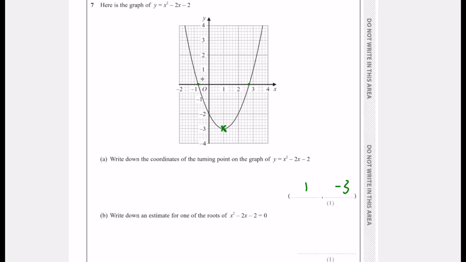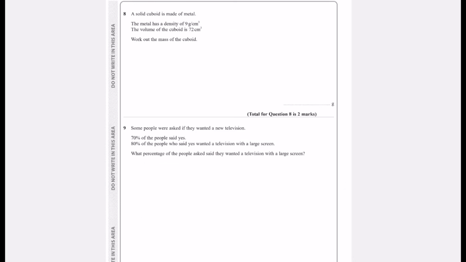And we only need to write down one of them. So they are at minus 0.7 and 2.7, either one for the answer, because they're both roots of the equation.